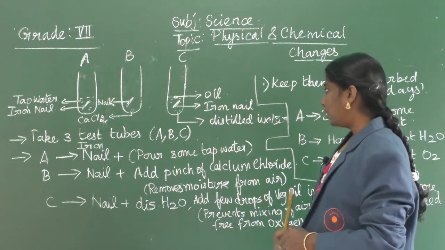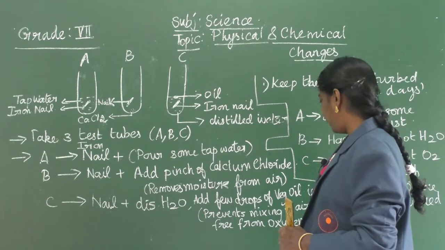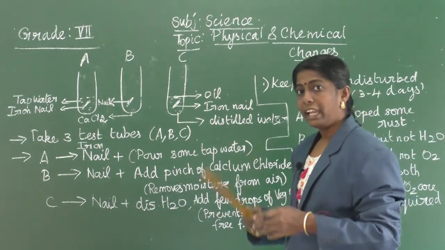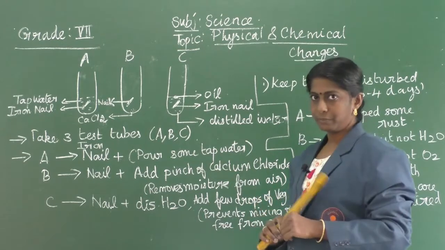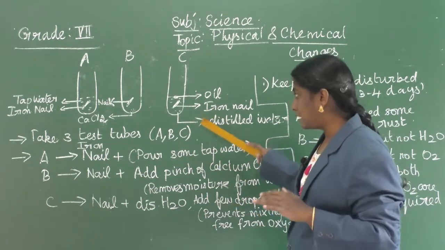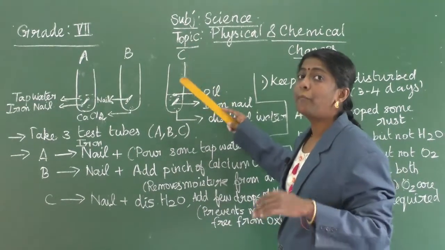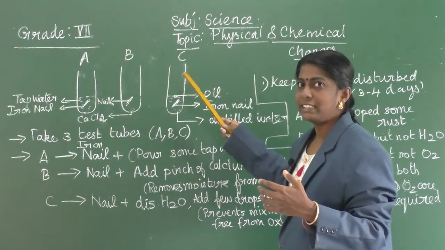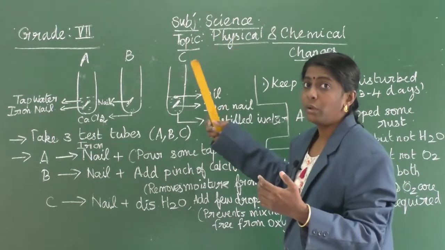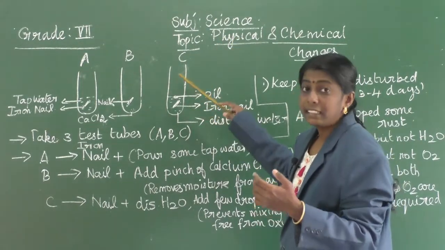Clear? Why are we adding vegetable oil here? So that it prevents the mixture of air in water, so that this test tube is free from oxygen. Can you understand? It cannot take oxygen from air. Why? Because oil is there.